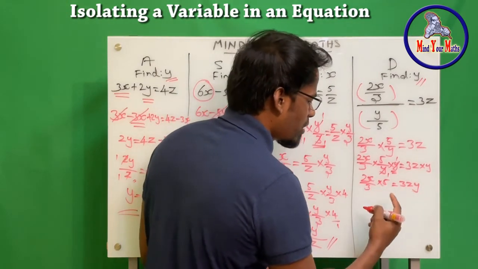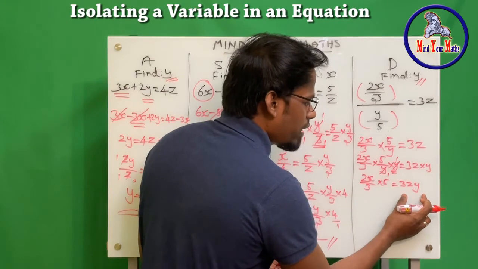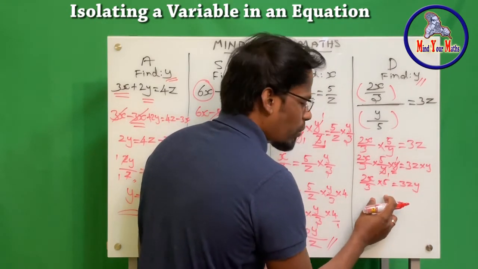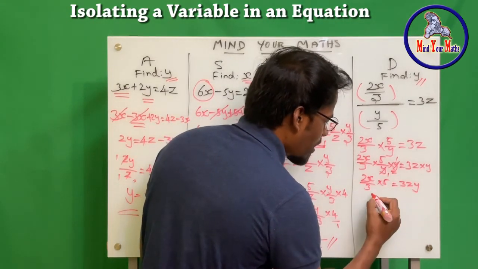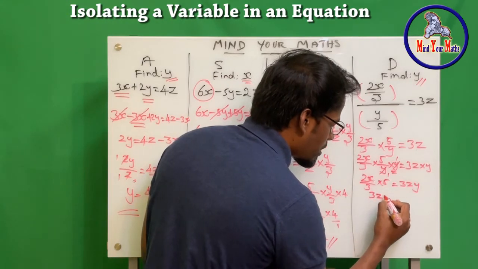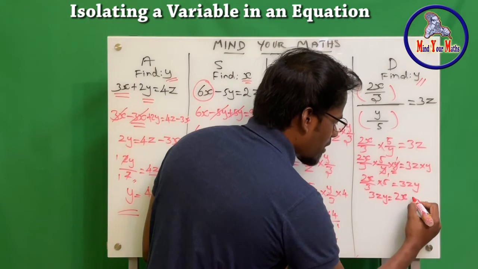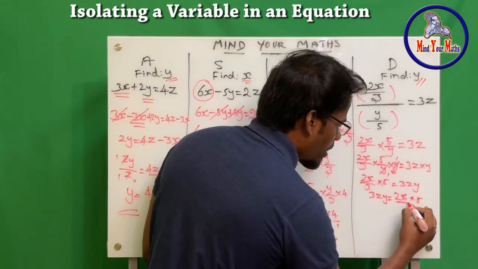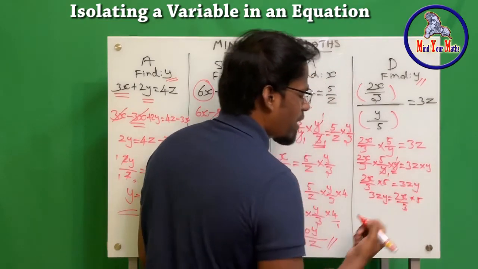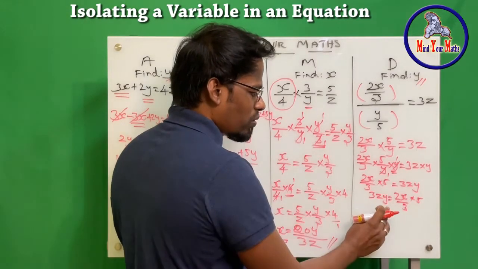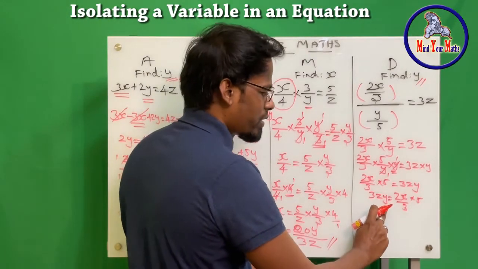So let's write it that way, so that we get the y term on the left side of the equation. Let's rewrite this one: 3zy equals 2x times 2x over 3 times 5, right? So now the y is in the numerator, right?